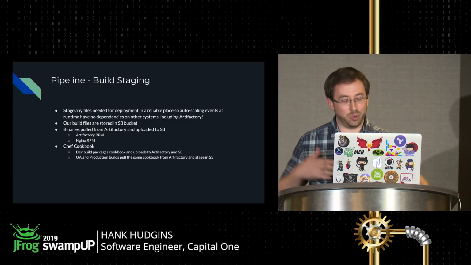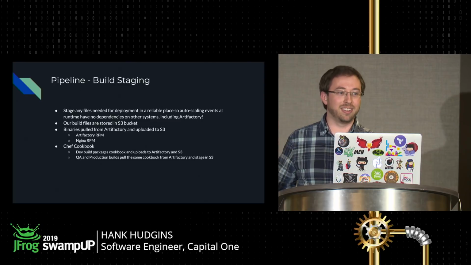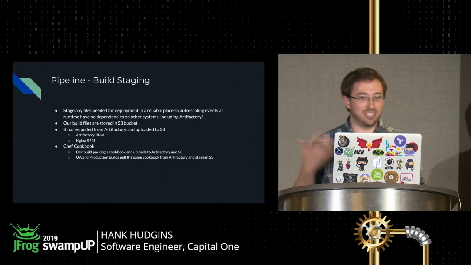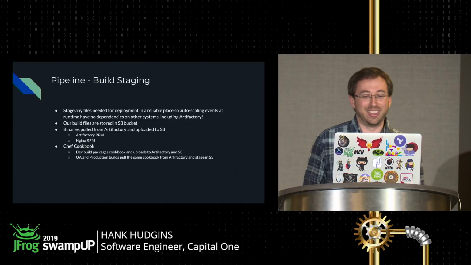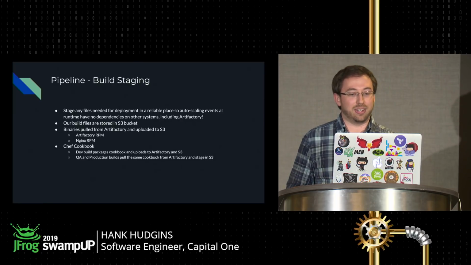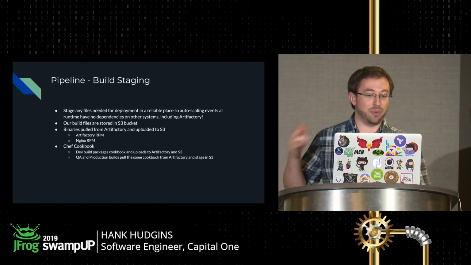Obviously, if you're releasing Artifactory, you can't depend on Artifactory for runtime scaling, because if Artifactory ever goes down, you're stuck. You can't scale anymore. So what we are doing is we're actually storing our build files in an S3 bucket, and we just source everything from there from then on at runtime.